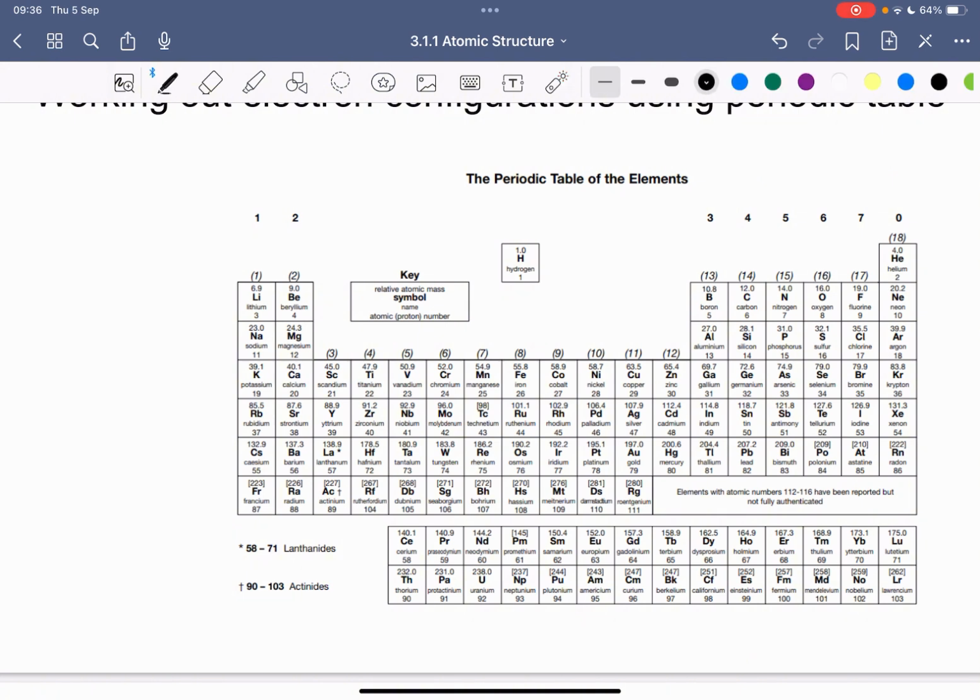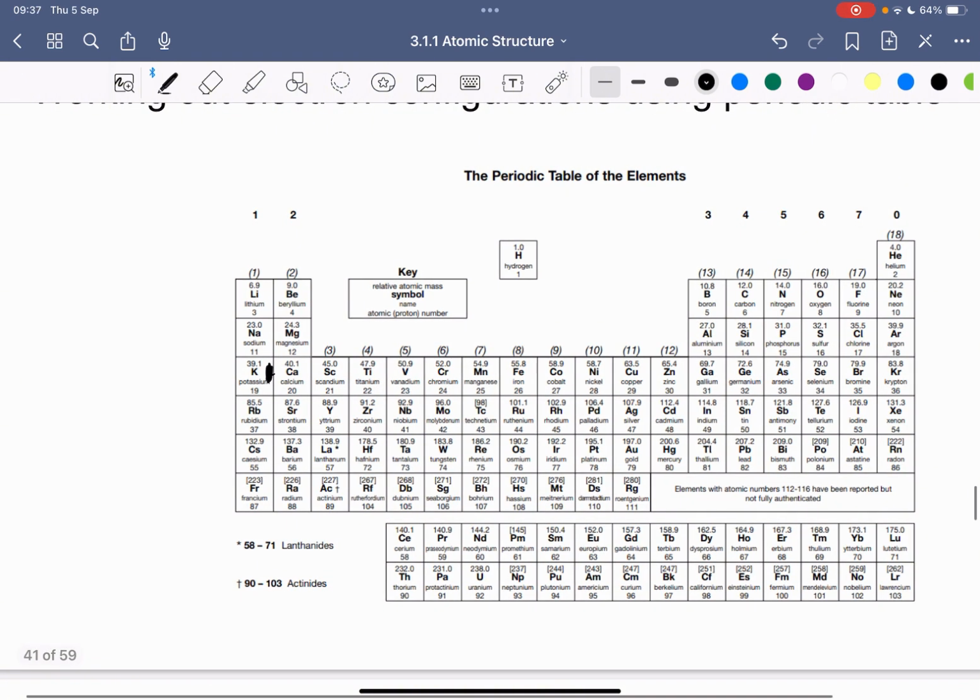The reason why this is useful is because, say we look at potassium. It's in the S block, so we know the outermost energy level is going to be an S. When you fill it up, you just fill it up until you get to potassium.